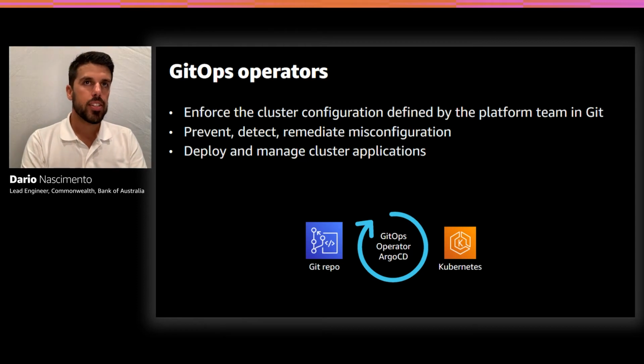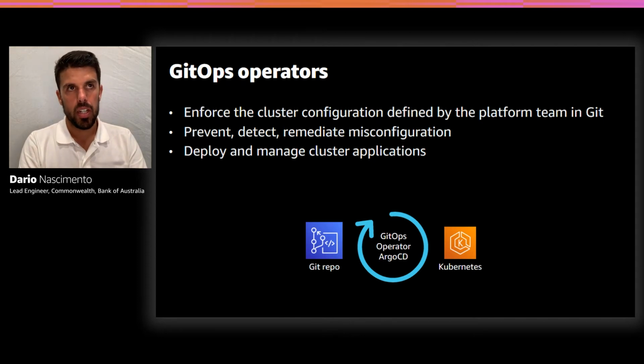As I mentioned in the cluster cell pattern, every cluster has its own Argo CD operator. Argo pulls the configuration from a centralized Git repo and applies that configuration locally. Argo CD is constantly synchronizing the cluster configuration with the one developers defined in Git. When the configuration is updated, Kubernetes runs its reconciliation loop to update the cluster state.